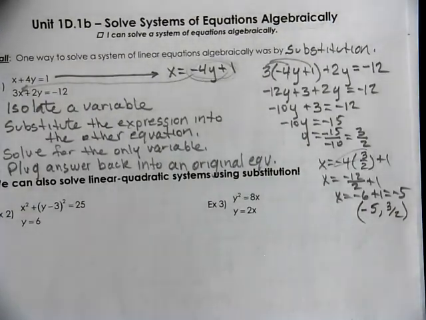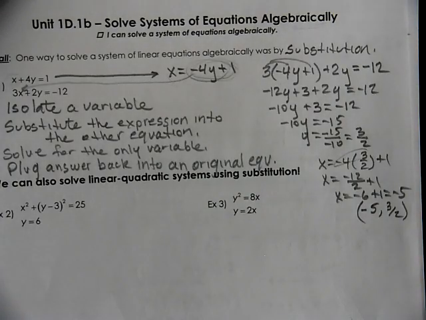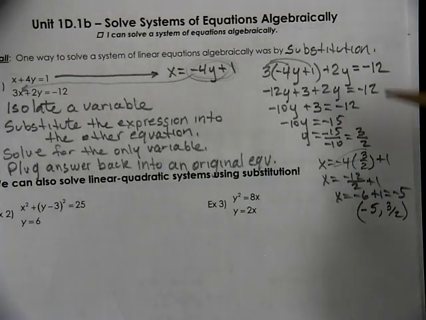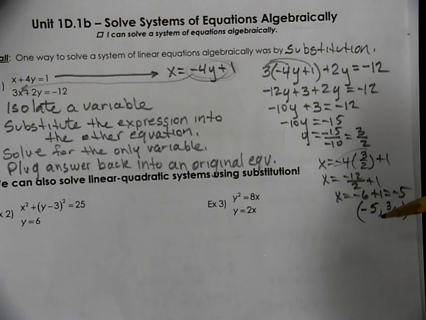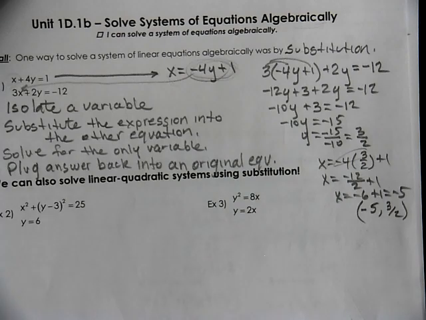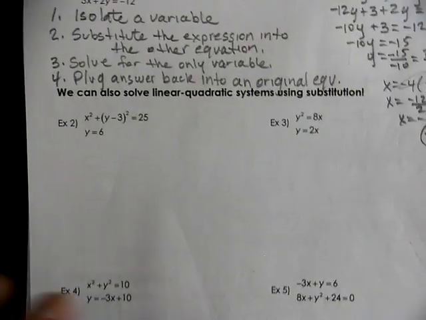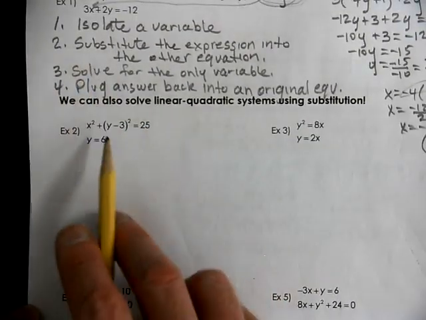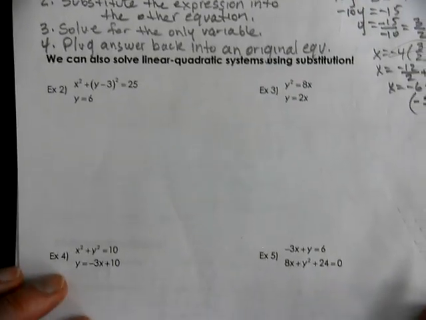Y would be 3 over 2. That's using substitution to solve the system. We're going to use that method, these same 4 steps, to answer these questions.